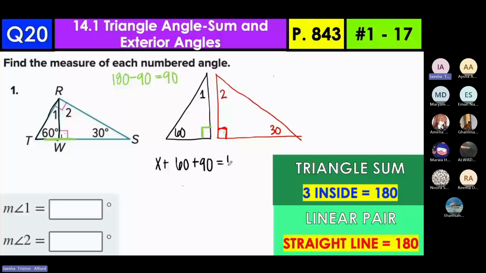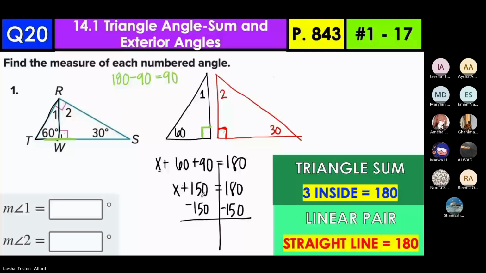Writing and solve. Make sure you clean 60 plus 90, positive 150. The x, keep it down. Subtract 150 from both sides. This is 0. X is equal to 30. Sorry guys, that should be 30.